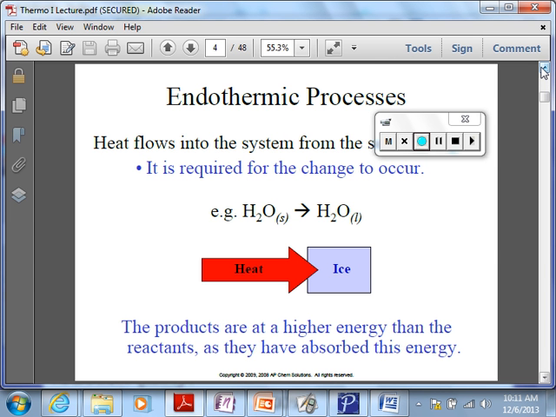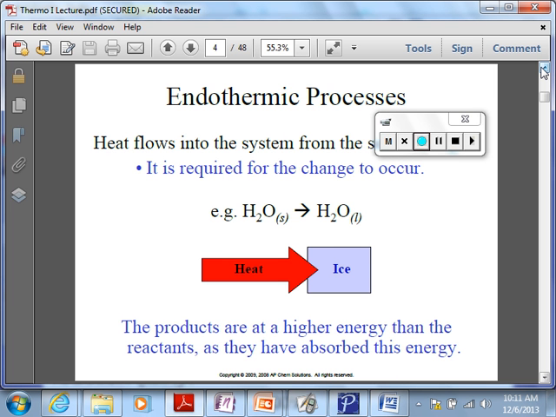All right, so for example here, if we're looking at this reaction, H2O solid, what's H2O solid? Ice. So ice goes to H2O liquid. Okay, so ice goes to water. That's the melting process. So the system is the ice and the water, and then the surroundings is everything else.